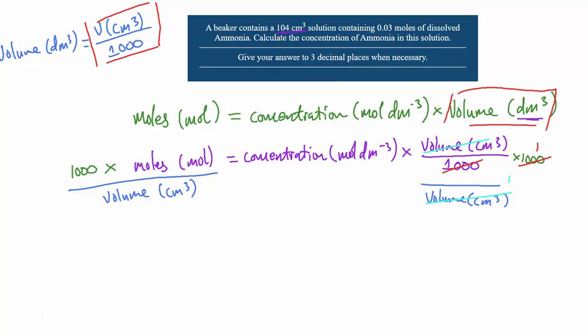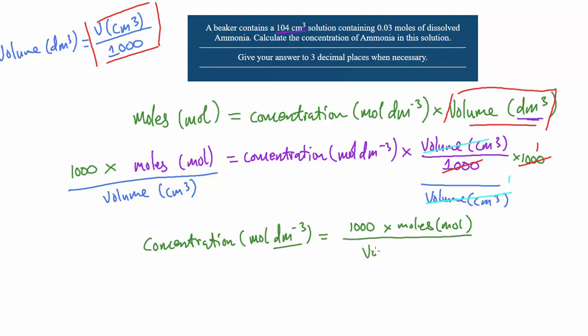Therefore, what we're left with, and I'm going to put the concentration on the left hand side, is the concentration in moles per dm³ is equal to 1000 multiplied by the moles divided by the volume in cm³.